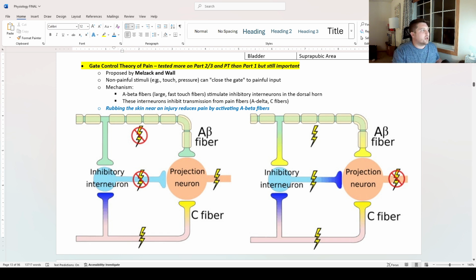This is the same logic as why, if you bonk your head on the corner of a cabinet, when you rub it, it makes it feel better, because a non-painful stimulus, such as touch or pressure, can send signal to the brain faster than the slower pain fibers and help to decrease the amount of overall pain that you feel.